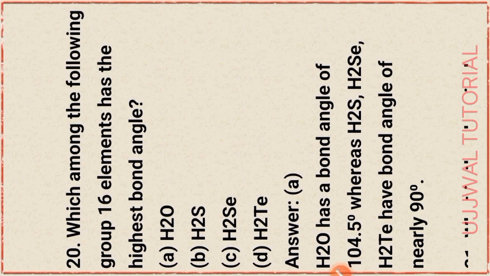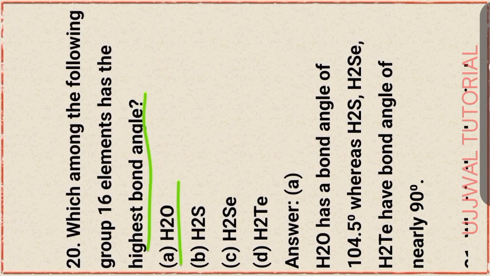Okay. Question number 20. Which among the following group 16 hydrides has the highest bond angle? Okay. Option A, H2O, water.